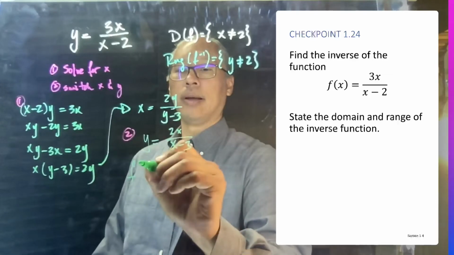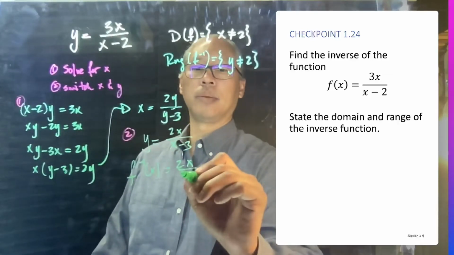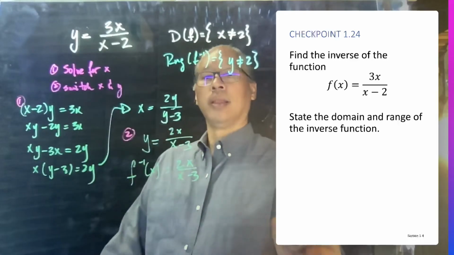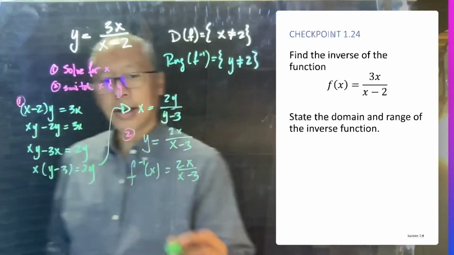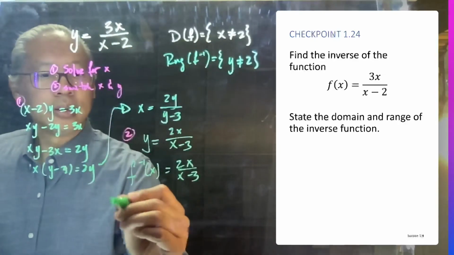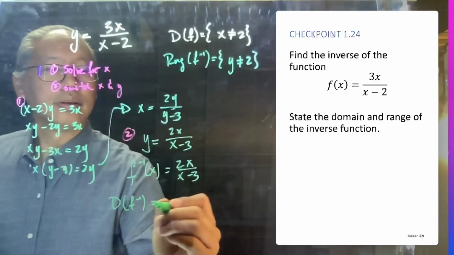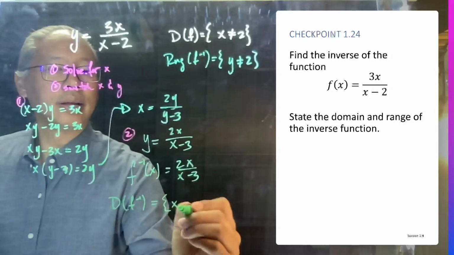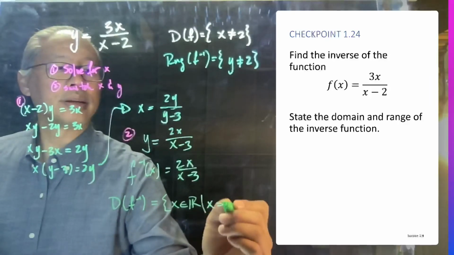Or we can write now f inverse of x is equal to 2x divided by x minus 3. All right, so now from here you can see that we cannot have 3. Your domain of f inverse is going to be the set of all real numbers x such that x does not equal 3.